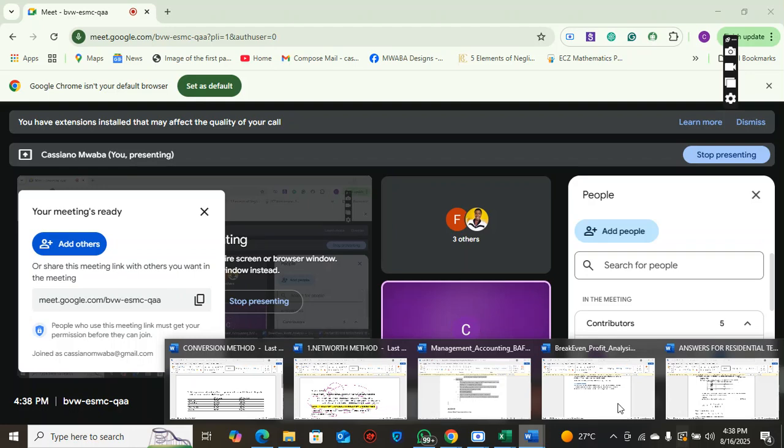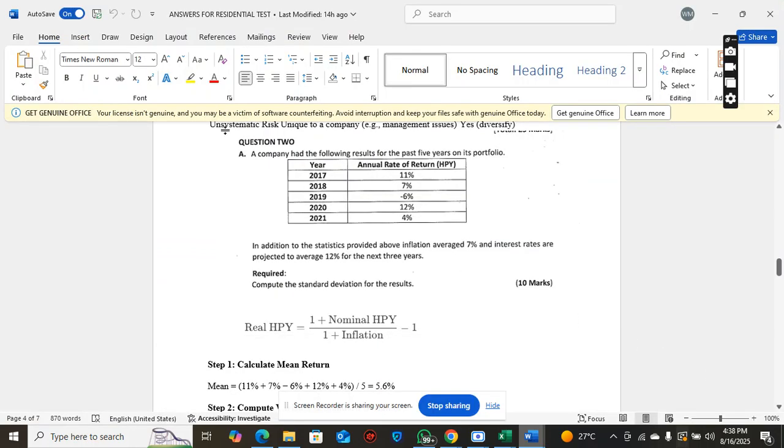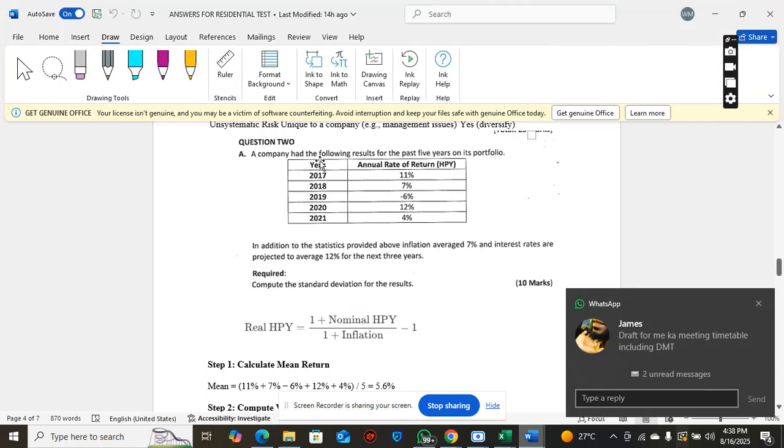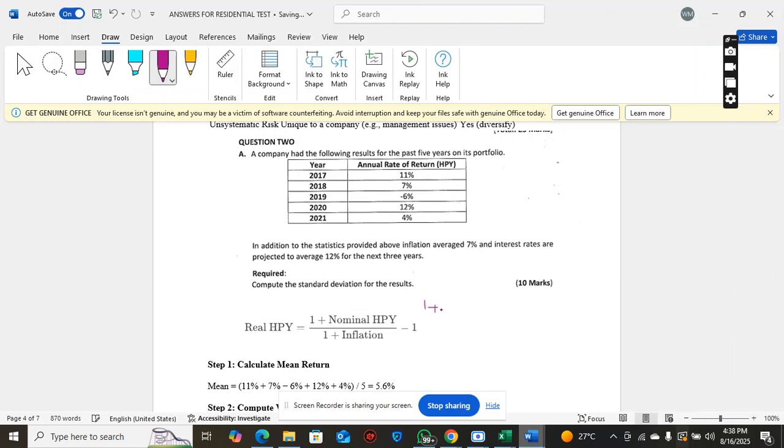So if you remember this formula: one plus the real interest rate equals one plus the nominal interest rate over one plus the inflation rate.